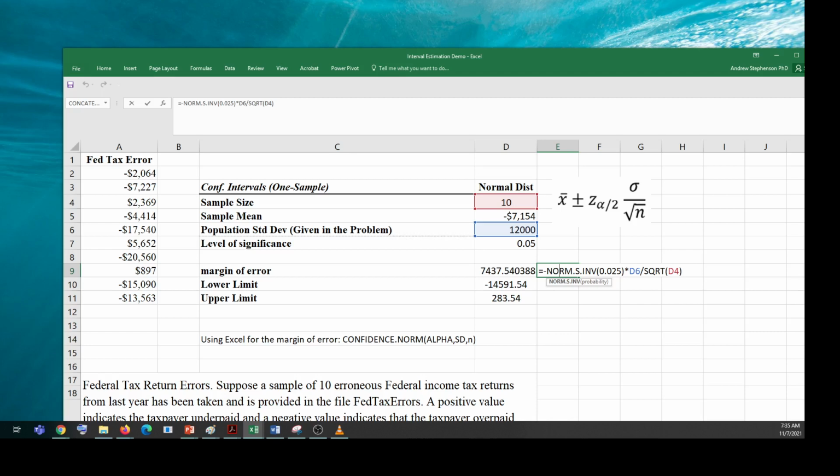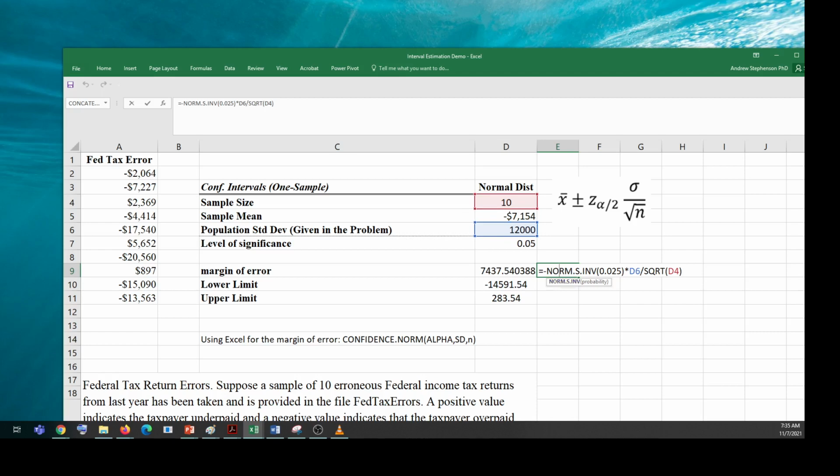So we're looking in reverse, hence the name inverse. Okay, so we have that part covered. Once we have this figured out, we need to multiply by the number in D6, which for us was the population standard deviation, sigma, divided by the square root of the number in D4, which was the sample size. And so we have that.